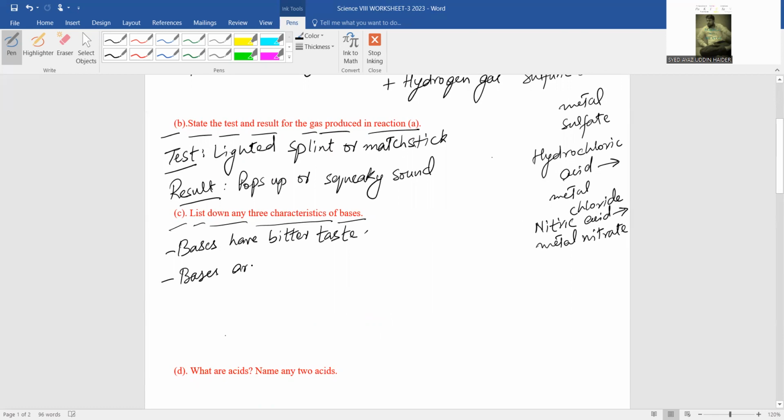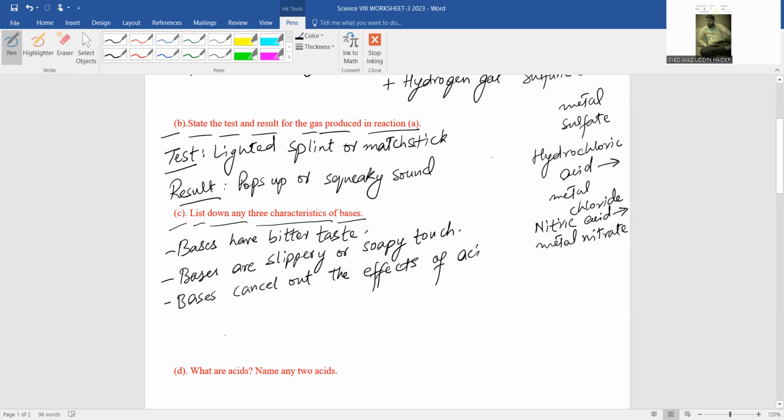Bases are slippery, or soapy to touch. Bases cancel out the effects of acids.